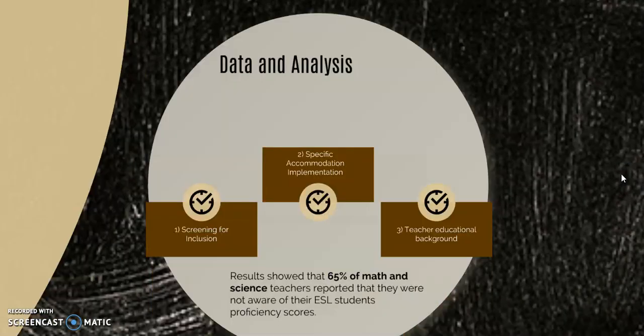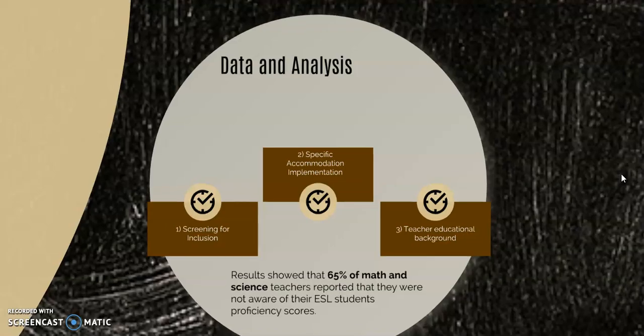The data and analysis they can take are number one, screening for inclusion, number two, specific accommodation implementation for the students, and number three, teacher educational background. The results showed that 65% of math and science teachers reported they were not aware of their ESL students' proficiency scores.